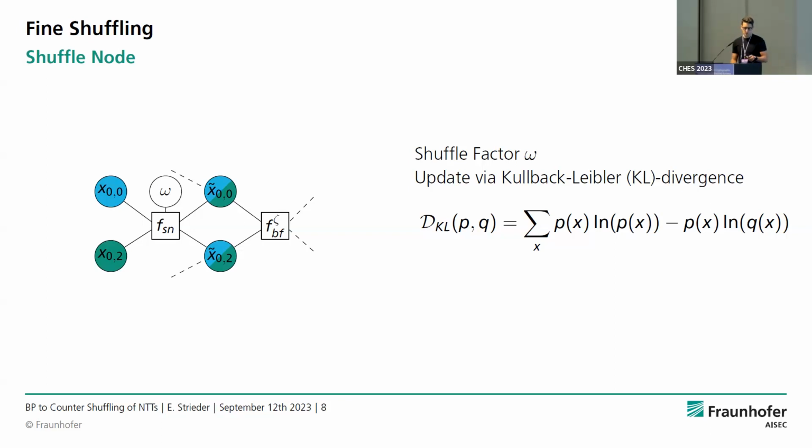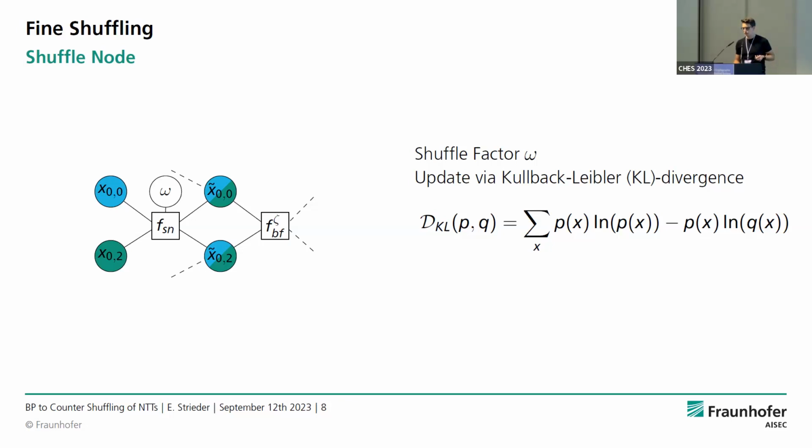The idea is that during initialization of belief propagation, you put both distributions in a 50-50 weight into the original graph. These lines indicate the global NTT graph here and the normal butterfly node. Then you have this shuffle node, which has a copy of the original distributions.